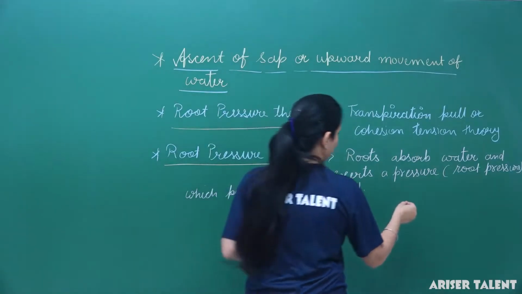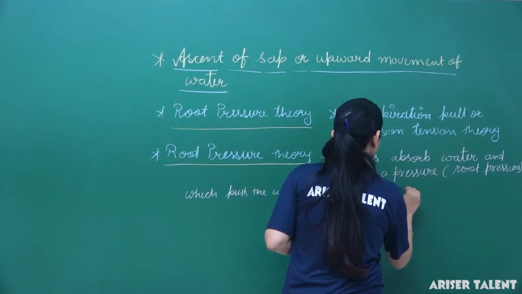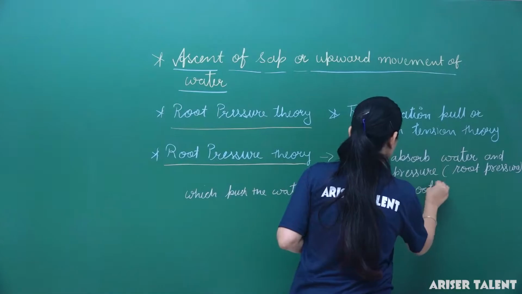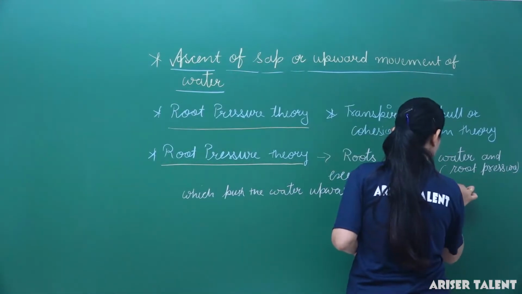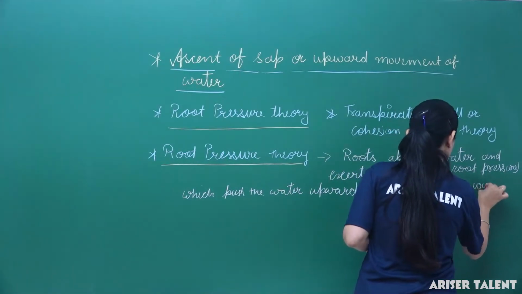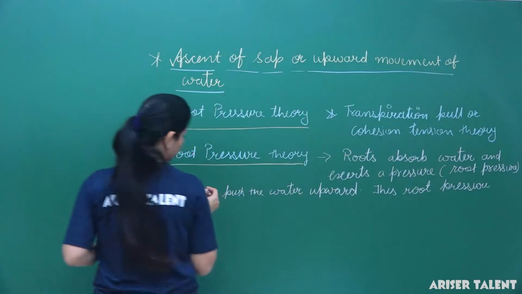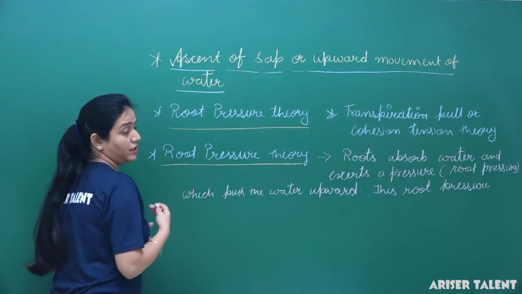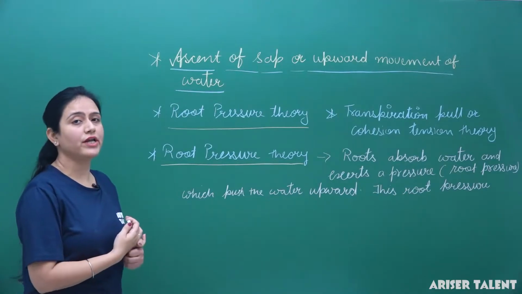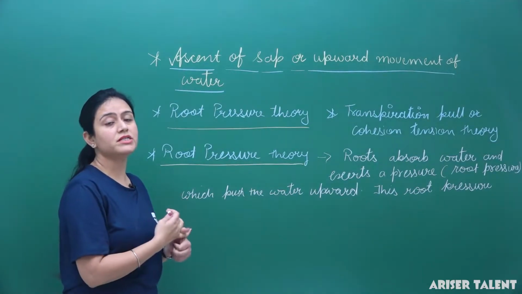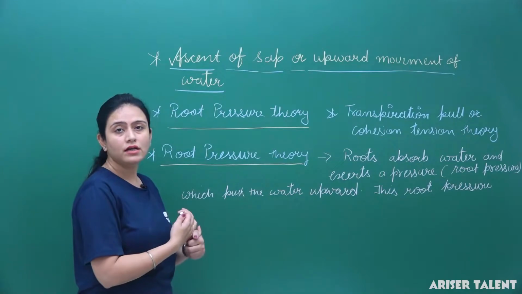Okay, this root pressure occurs in the tracheary elements. What are the tracheary elements which are present? Tracheary elements means the xylem vessels and tracheids.